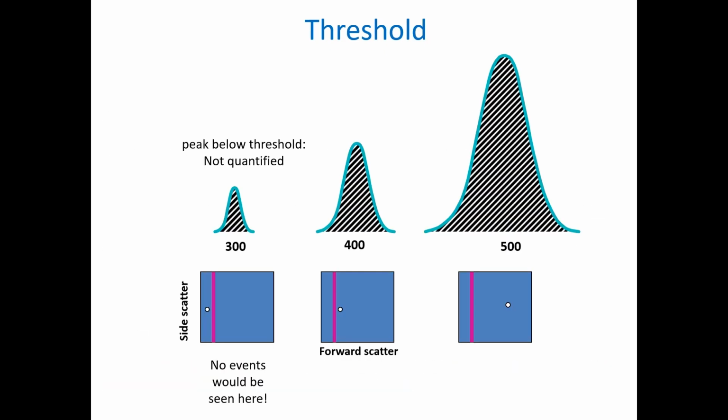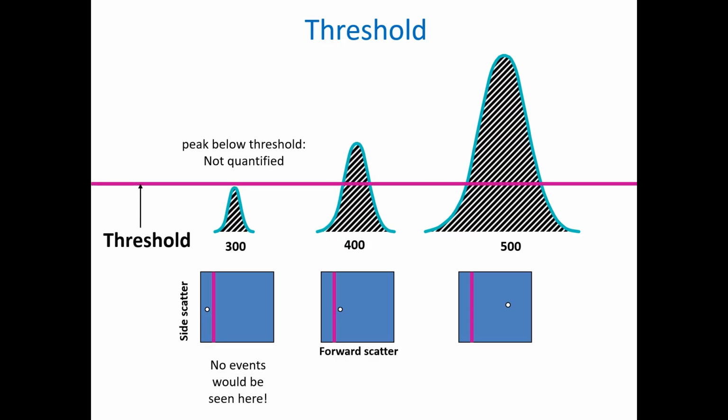Let's talk a little more about threshold. Here, as is most commonly done, the threshold is set on the forward scatter. We have the same cell here run at 3 detector gain or voltage settings as on our previous slide. But now we have shown the threshold as a pink line. The plots below are forward scatter on the x-axis versus side scatter on the y-axis.